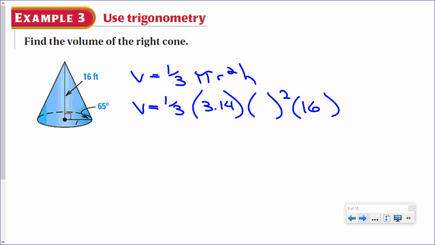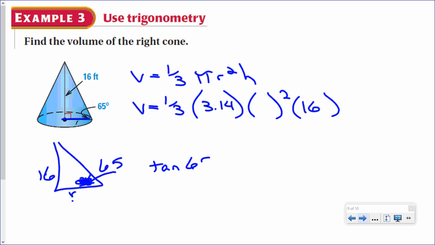Okay, so you have a right triangle and you know the degree is 65 degrees, you'd like to find the radius. This is 65 degrees right there, and this is 16. Think of the trig function that uses the opposite over the adjacent. That'd be your tangent. Tangent of 65 degrees equals 16 over r. 16 equals tangent 65 r.